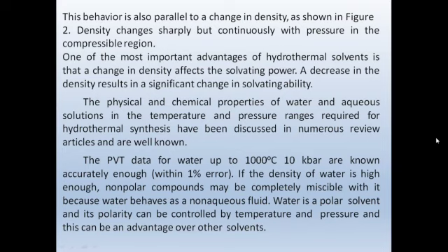The physical and chemical properties of water and aqueous solutions in the temperature and pressure ranges required for a hydrothermal synthesis have been discussed in numerous review articles and are well known, which you can Google.